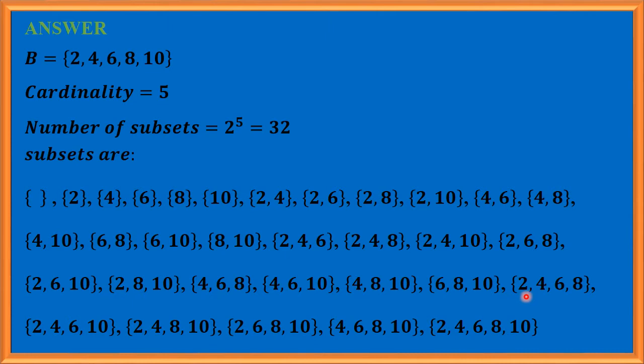And for 4 elements, we have {2, 4, 6, 8}, {2, 4, 6, 10}, {2, 4, 8, 10}, {2, 6, 8, 10}, and {4, 6, 8, 10}. Then we pick the entire set to conclude the list of the subsets. So these are the subsets, the cardinality, and the number of subsets of set B.